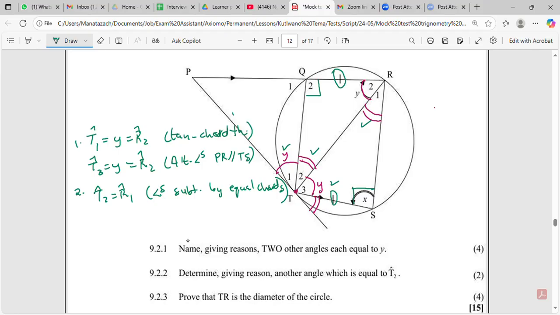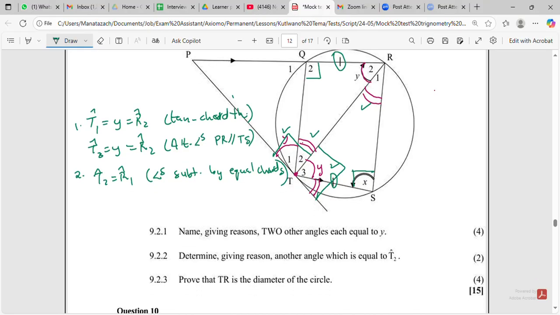Or we can prove that T3 and this chord-tangent angle at the bottom is equal to 90. Or we can prove that T1 and T2 are 90 degrees, because that would mean the diameter is meeting the tangent at 90 degrees. So we're going to use the converse of that. I think it's going to be easy. Let's look at T1 and T2, since we've already spoken about it.